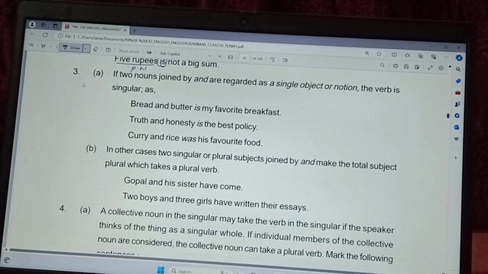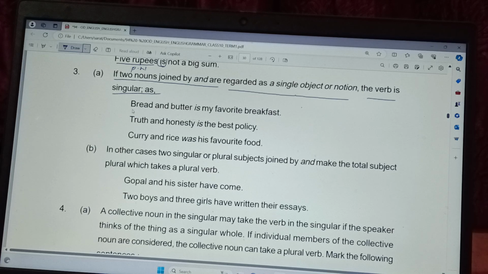Rule 3 indicates, guys, if two nouns joined by and are regarded as a single object or notion, the verb is singular. If two nouns joined by and are regarded as a single object or notion, the verb is singular.